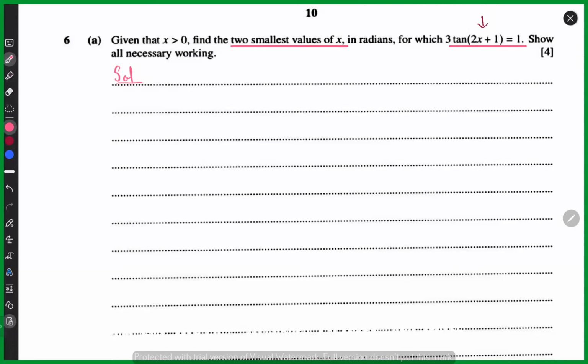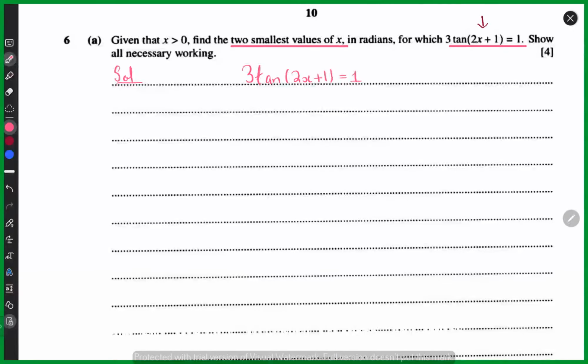Okay, now x is the variable of the equation. So if I am to find two smallest values of x, I am basically trying to solve the equation. So it is 3 tan 2x plus 1 equals 1.